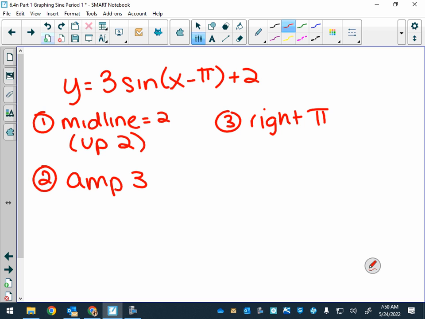You will not have to graph it, but you will have to identify it. Okay? So x minus pi, you are moving to the right pi units. What would happen if it was x plus pi? Left. Okay? So that has not changed from functions. Right? It just looks a little different because we're dealing with radians instead of numbers. Okay? Make sense? All right.